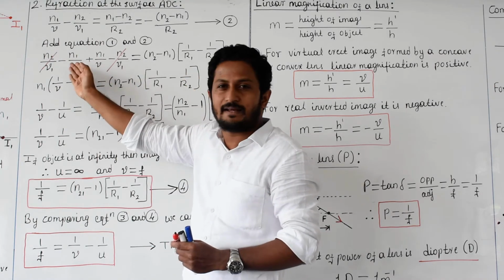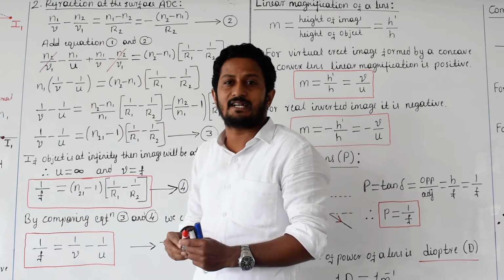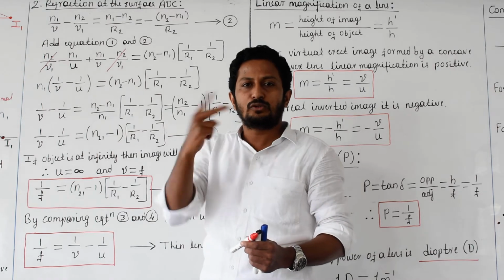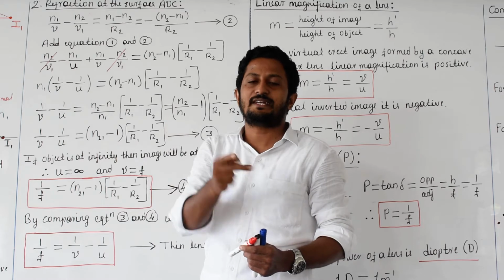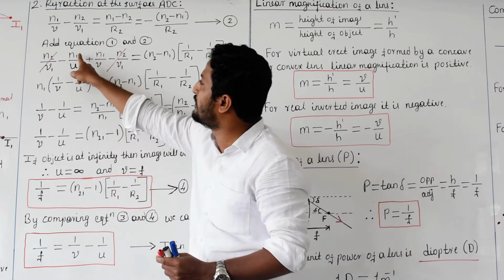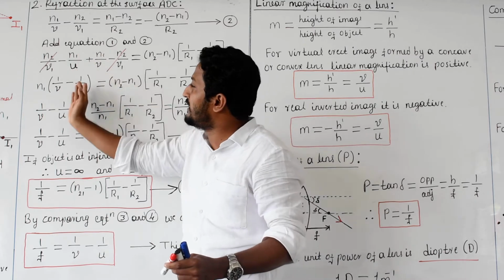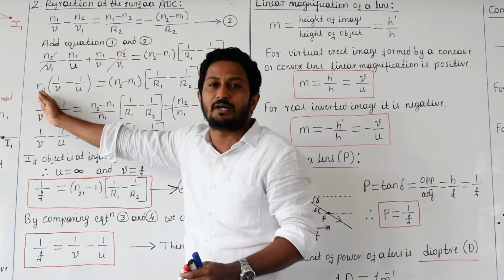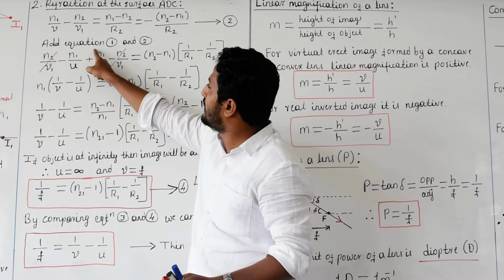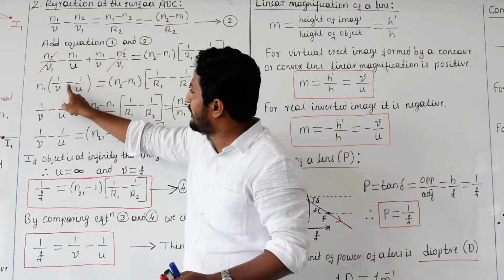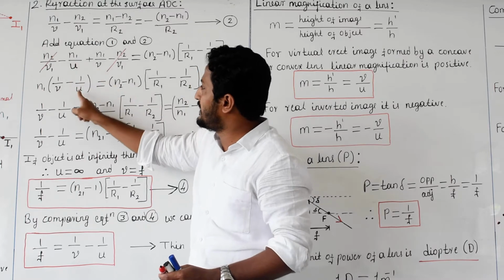On the LHS you have two terms, and in both of them n1 is common in the numerator. So take n1 as common. Then n1 into 1 by v minus 1 by u.